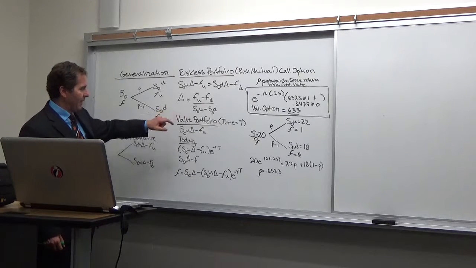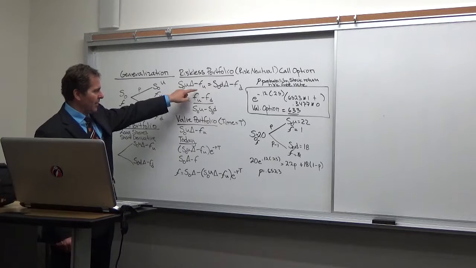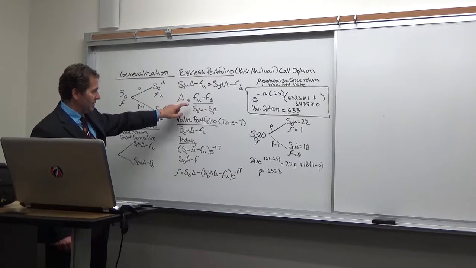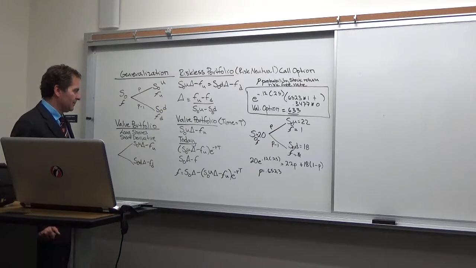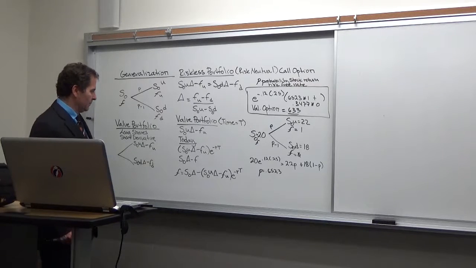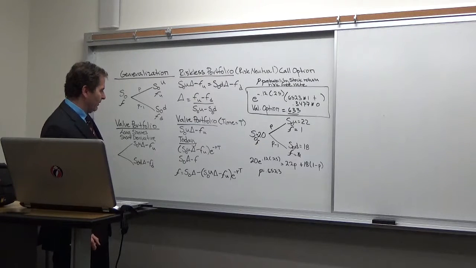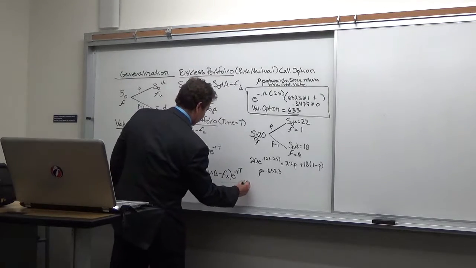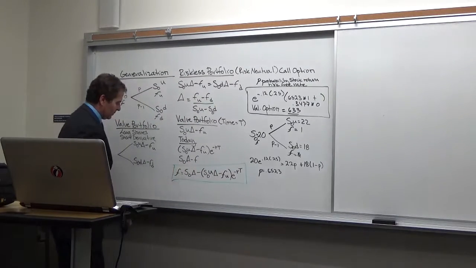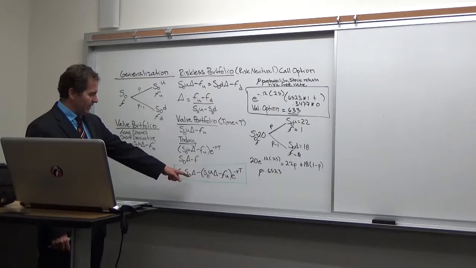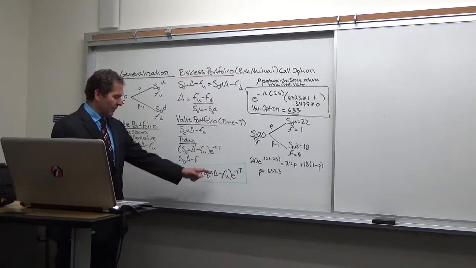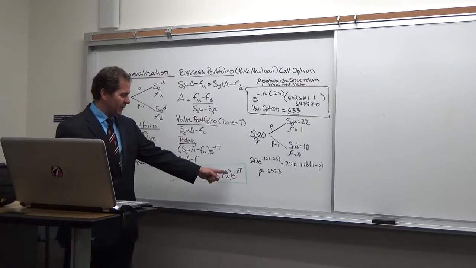The delta can be figured out by the option price on the up minus the option price on the down, divided by the stock price on the up and price on the down. So to figure out the option value, I can take the stock price times delta minus the option value on the up, times e to the minus rT.